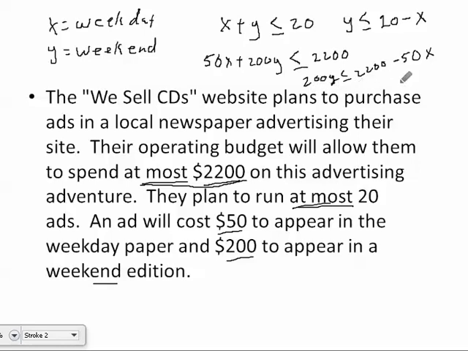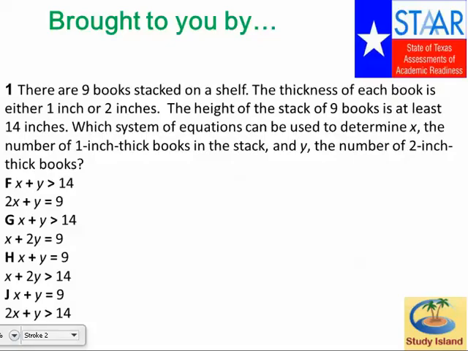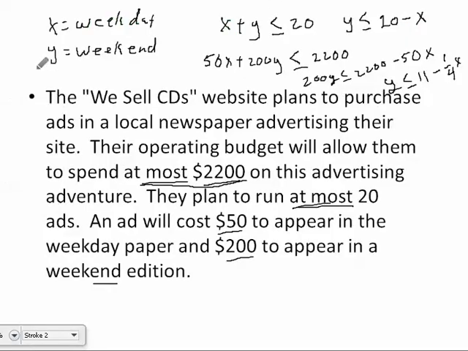What we'll get is that y is less than or equal to 11 minus 50 over 200, which is 1/4 x. Those are the two lines I need to graph. Okay, so let's put a new page in here and put a piece of graph paper up there.